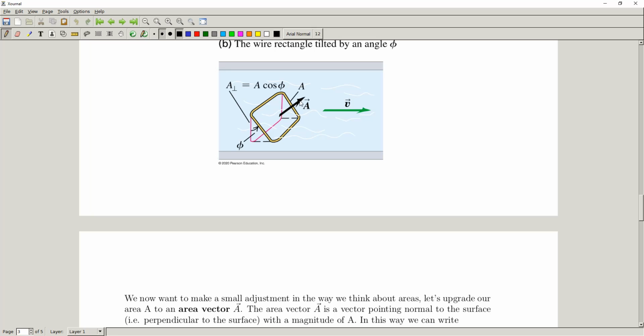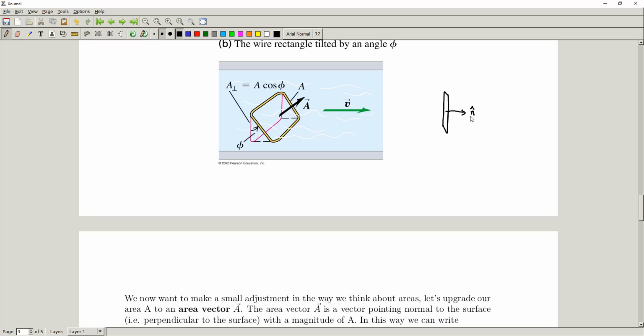And I'm not sure if people will already be familiar with the concept of a normal, a vector normal to a surface, right? But you can imagine that if you have some sort of surface, let's say this is just a cross section of a surface, which would really have some depth to it, then our normal vector points perpendicular, right? So this would be a normal unit vector. And so our area vector is really a vector which points normal to the surface and has a magnitude equal to the area, right?